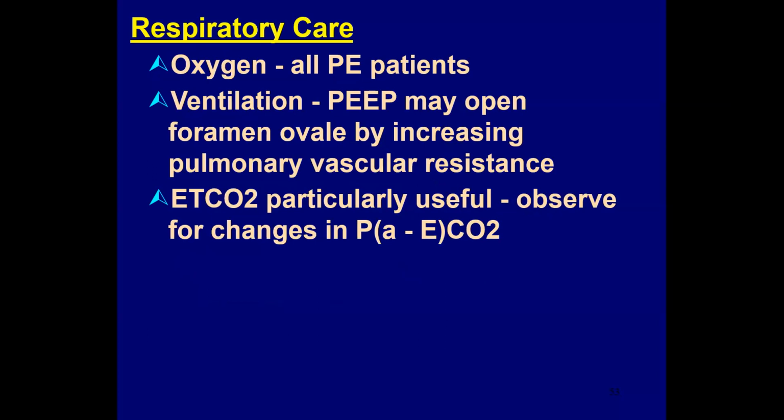If they're ventilated, it's important to know that the application of PEEP may open the foramen ovale because it will increase pulmonary vascular resistance. End-tidal CO2 is particularly useful to observe for changes in the alveolar to exhaled CO2.